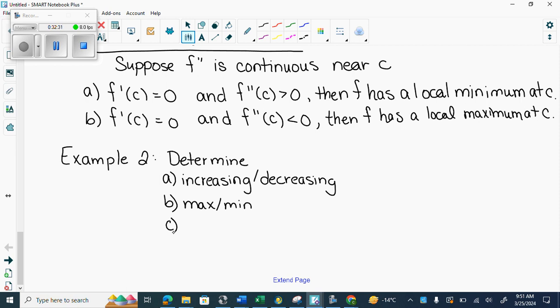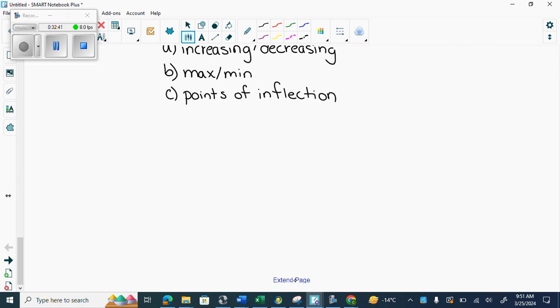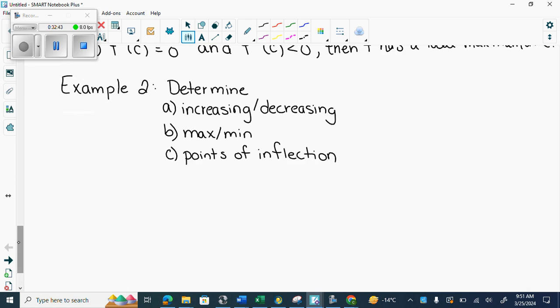C, points of inflection. And then I'm going to give you a table of values after and see what you do. In a different one, we're going to skip the point of inflection. We'll talk about that tomorrow.